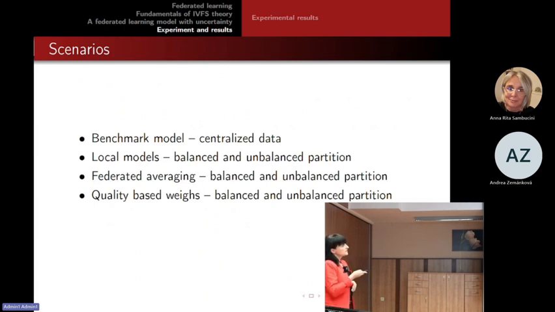And the third and fourth scenarios are connected with federation, where in the third we use arithmetic mean for aggregation, which is known from many papers presented earlier, and in the last scenario we study Sugeno and Choquet to compare.